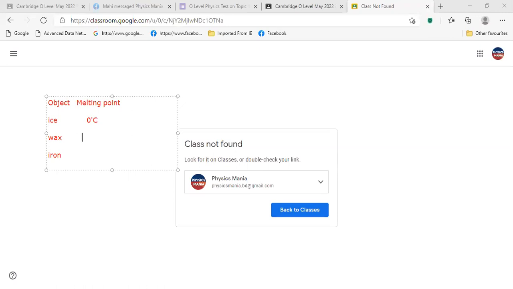You write here around 50 degrees Celsius. We are writing around almost 50. And for iron you write around 900 degrees Celsius. Okay. Is it clear now?